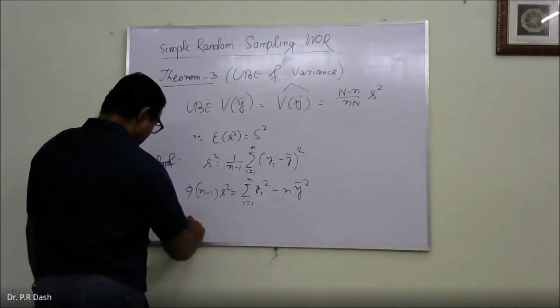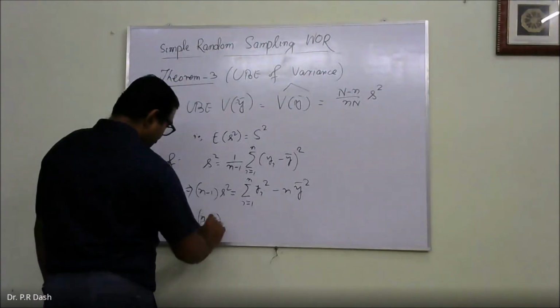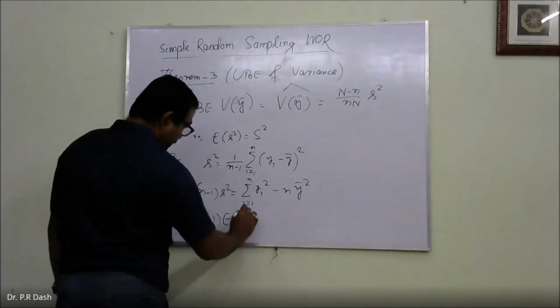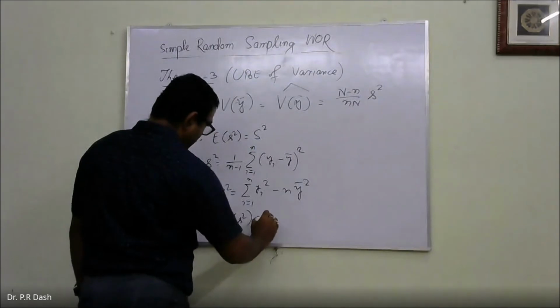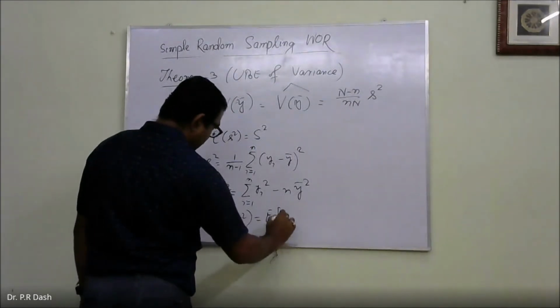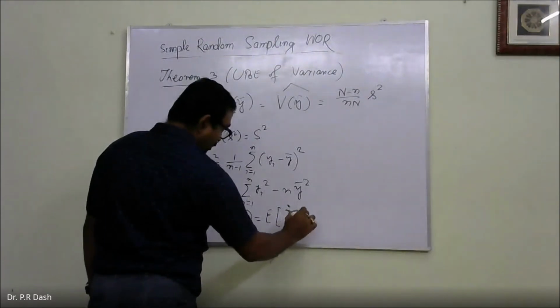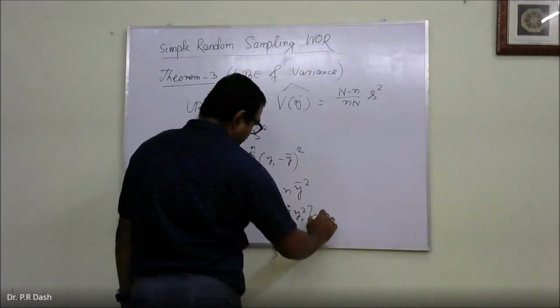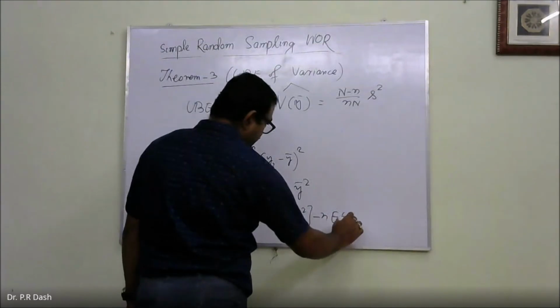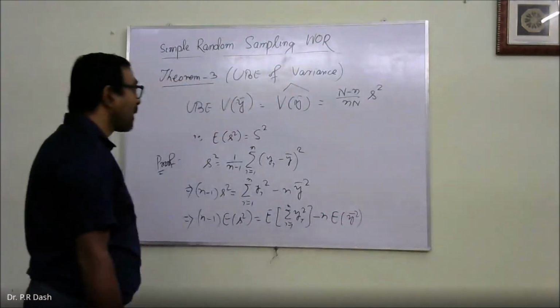So this implies n minus 1 expectation of s square equal to expectation of summation i equal to 1 to n yi square minus n expectation of y bar square.